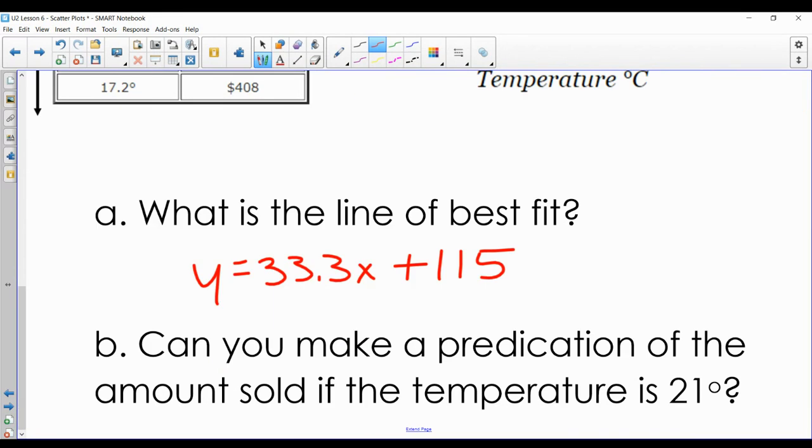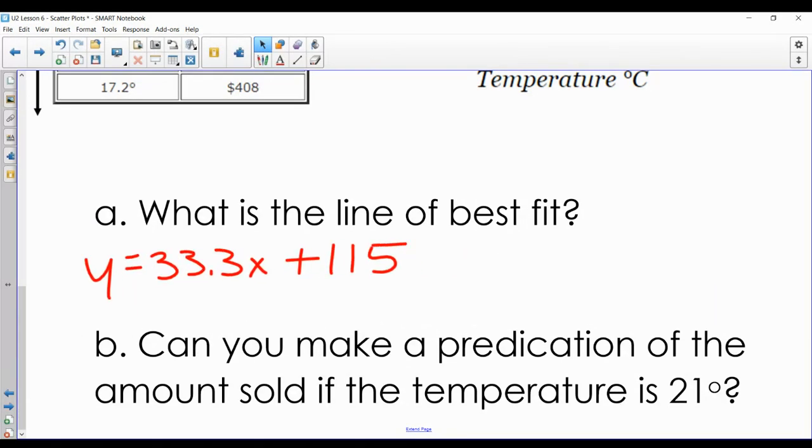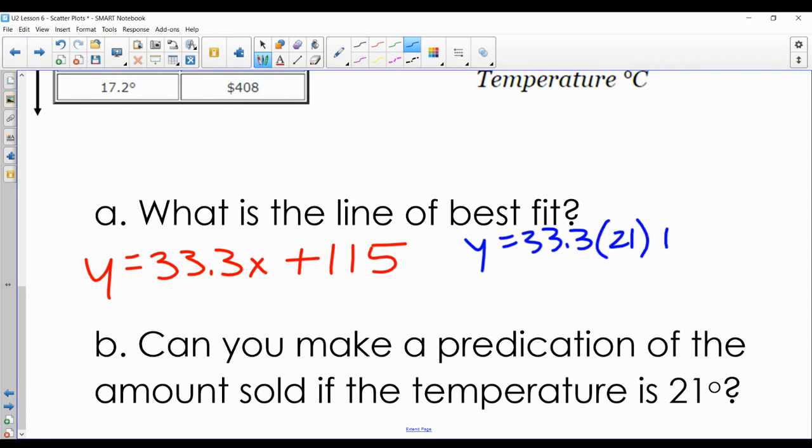And can we make a prediction of the amount sold if the temperature is 21 degrees? Well, all I'm going to do is temperature is x, so I'm going to say y equals 33.3, put in 21 for x, plus 115.